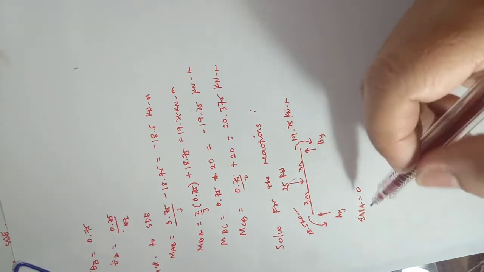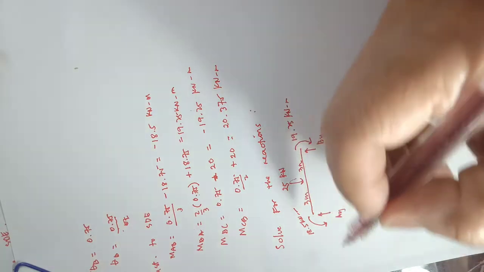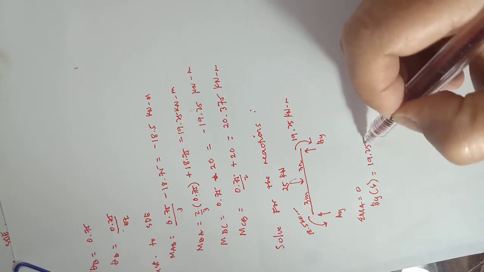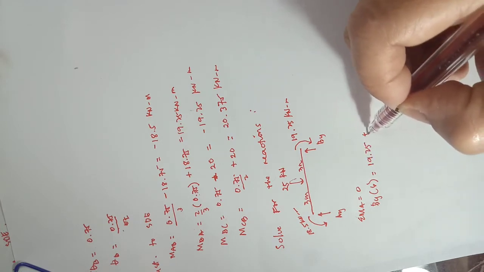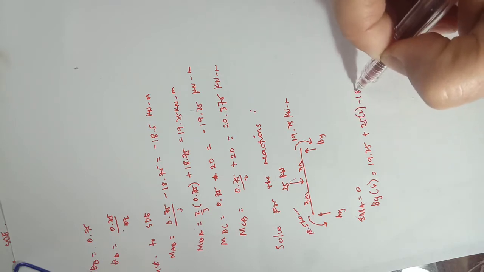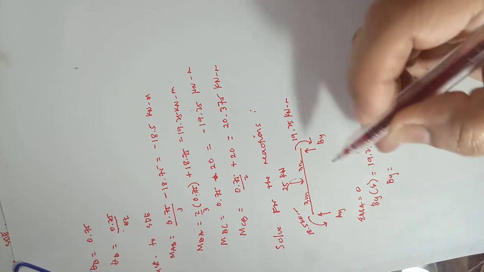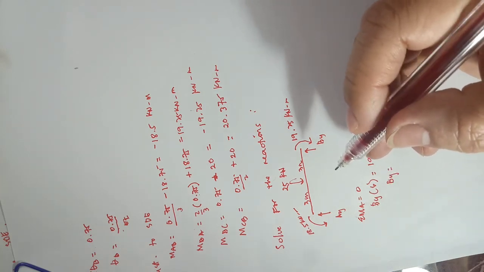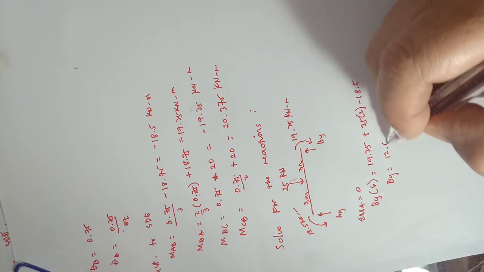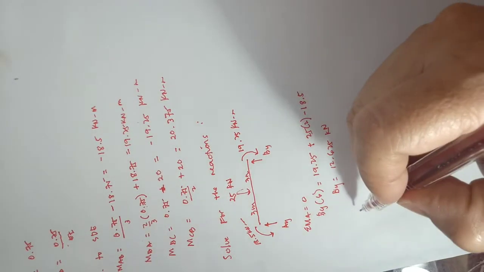You have BY times 6 is equal to 19.25 plus 25 times 2 minus 18.5. Okay, so solving for BY, that would be equal to 12.625 kilonewtons.